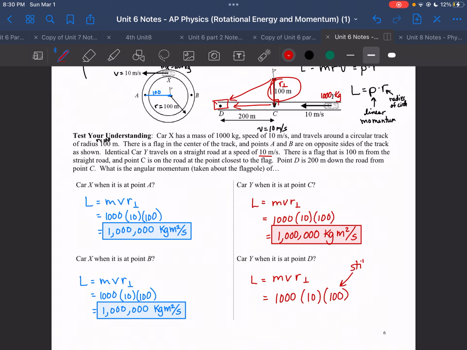Still 100 meters. Doesn't change. And so, when you multiply all this stuff together, you get exactly the same answer as before.